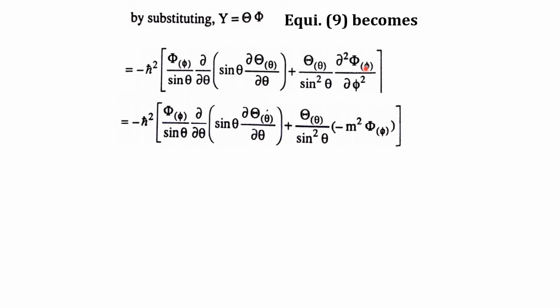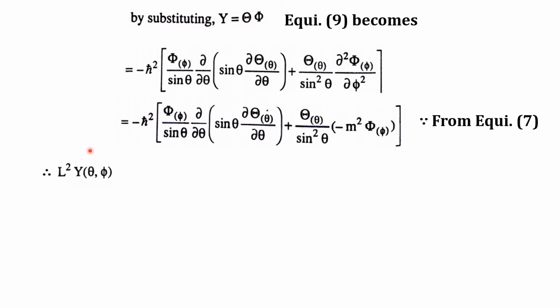The phi term we found earlier in equation 7. From equation 7, differentiate phi twice with respect to phi. We get d square phi by d phi square is minus m square phi of phi. And therefore we simplify the equation by putting the value of d square phi by d phi square, that is minus m square theta phi of phi.